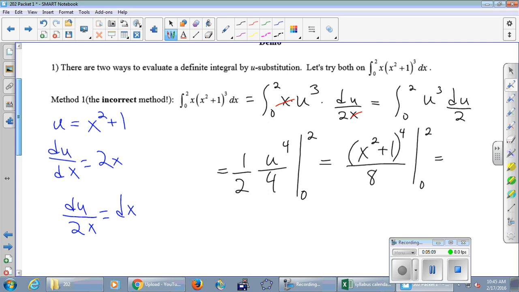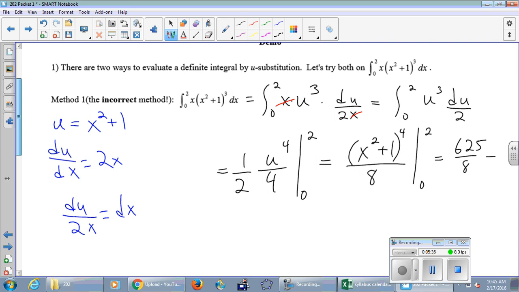And then we're just going to plug in. So let's see, 2 squared is 4, plus 1 is 5. 5 to the 4 is 625. So 625 over 8. Minus. It's really tempting when you see a 0 on one of those limits to just assume that you're going to get a 0 when you plug in. And oftentimes that's correct. Do we get 0 when we plug in 0 for x? We don't.